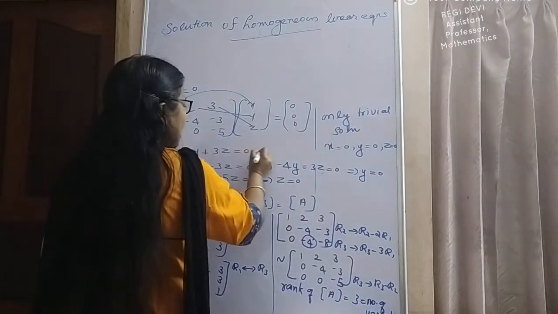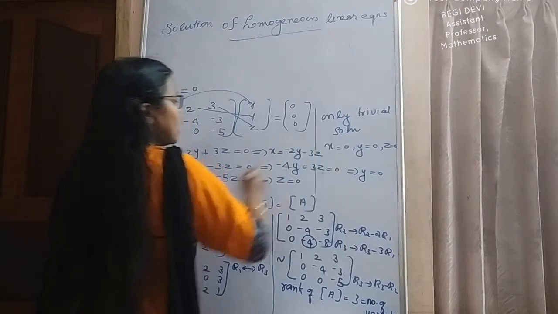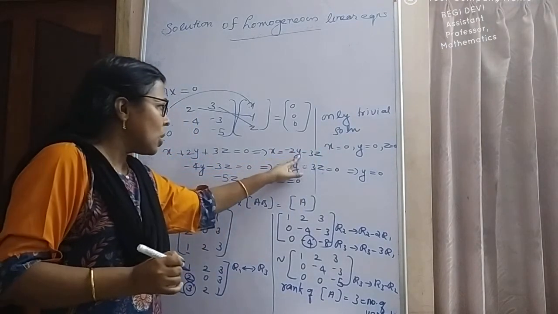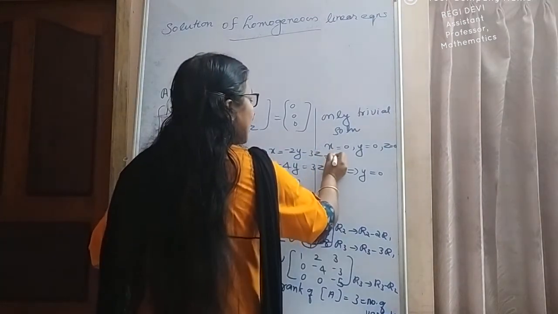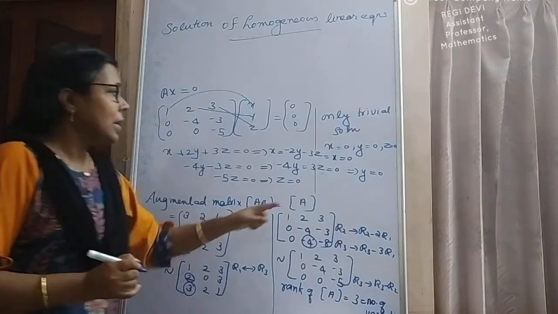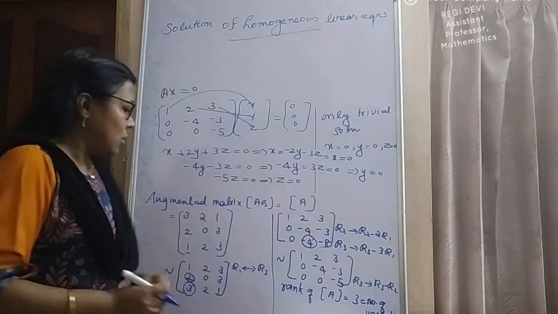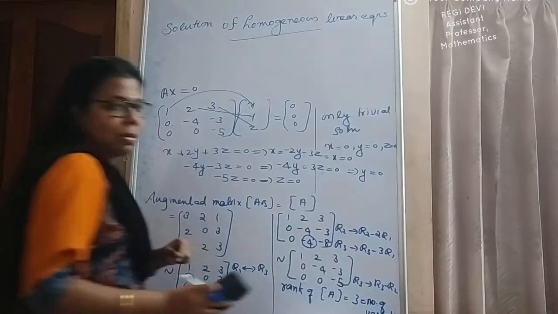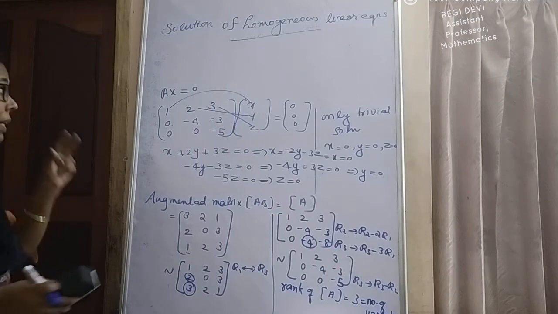Then, from the first equation, x equal to minus 2y minus 3z. Y is 0 and z is 0, therefore x equal to 0. We get only the trivial solution, x equal to 0, y equal to 0 and z equal to 0. This is a square matrix, therefore we have to find the determinant A.